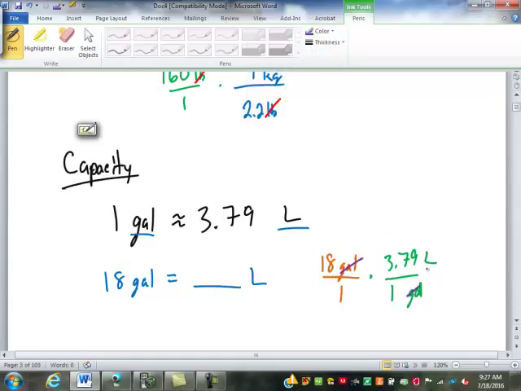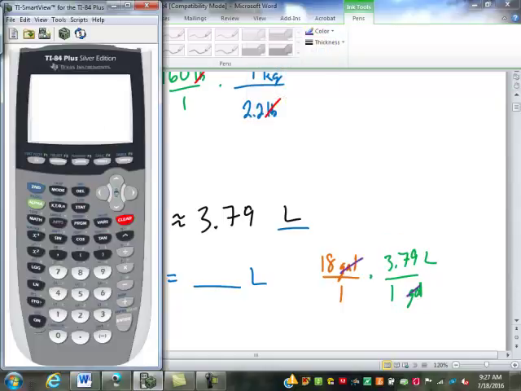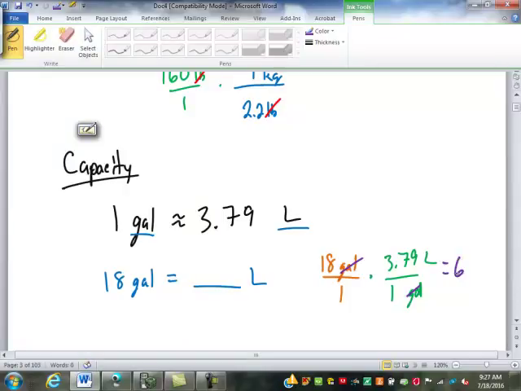The gallons cancel out. We have 18 times 3.79, 68.22. So that's 68.22 liters.